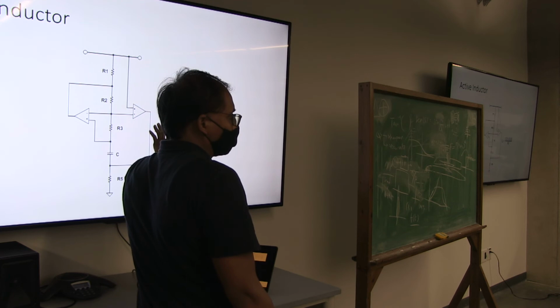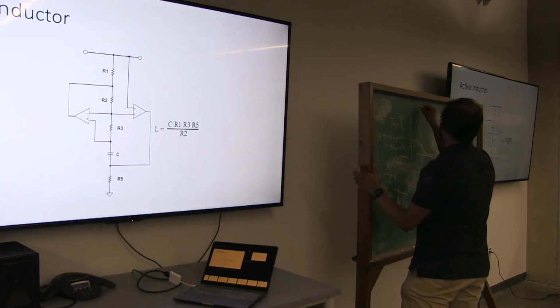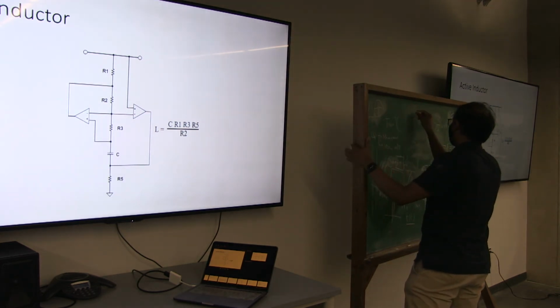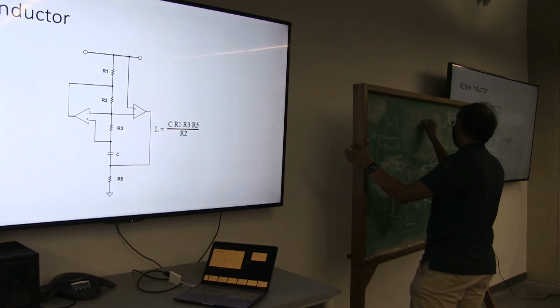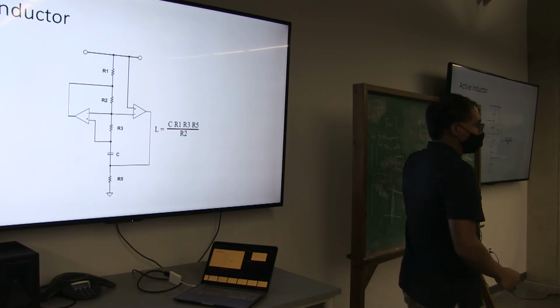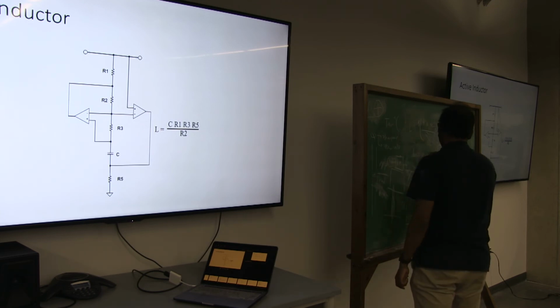As soon as the capacitance comes into the numerator, there is some constant value and there is S. Whenever we talk about an inductor, we call it SL, right?